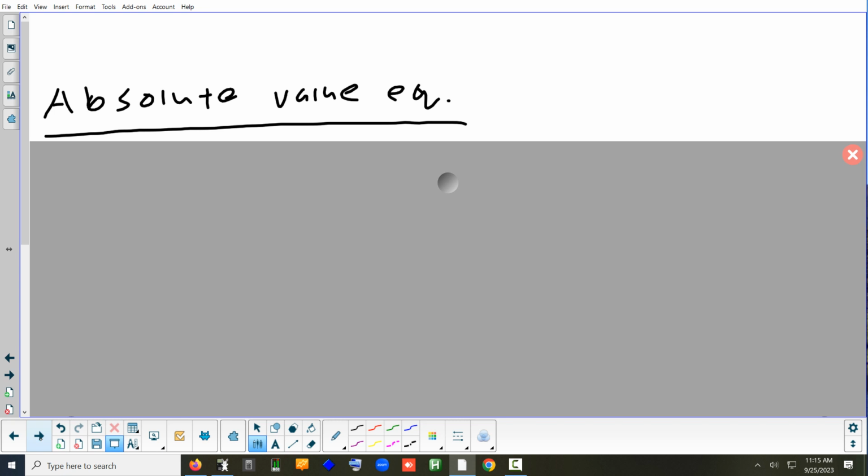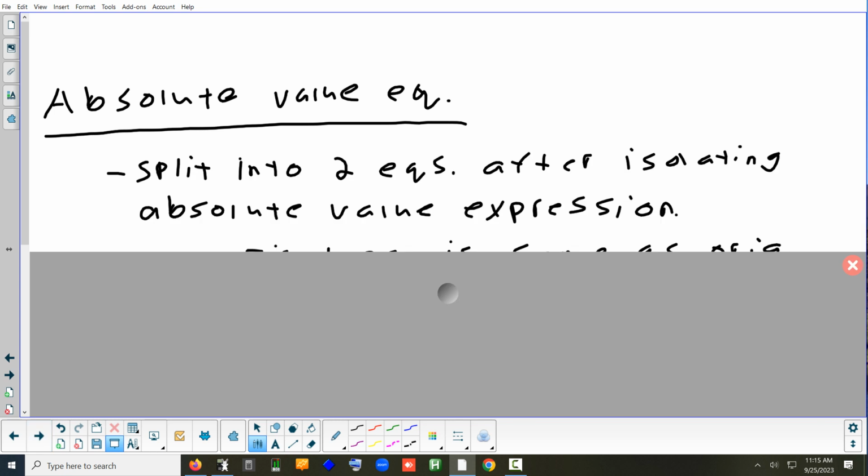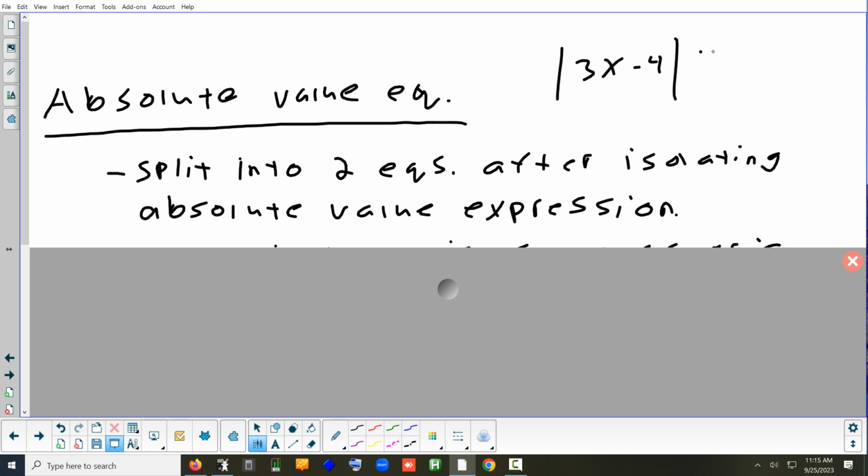Absolute value equations basically are like solving two linear equations at the same time. So what you might have is something like this. Generally, absolute value equations can have two answers because there's two numbers that 3x minus 4 could come out to, and it would still give me an absolute value of 12.